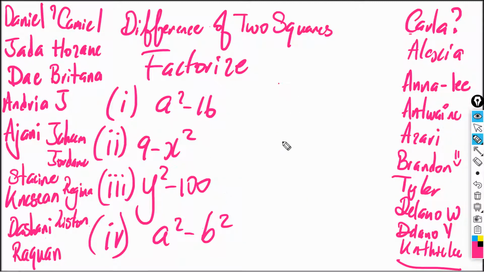It's the same concept. You just need to look at the second term and say which 2 things are going to multiply and give you that. For part 2, you need 2 things that when you multiply give you negative x squared. The only thing that can give you negative x squared, guys, is a minus x and a positive x.